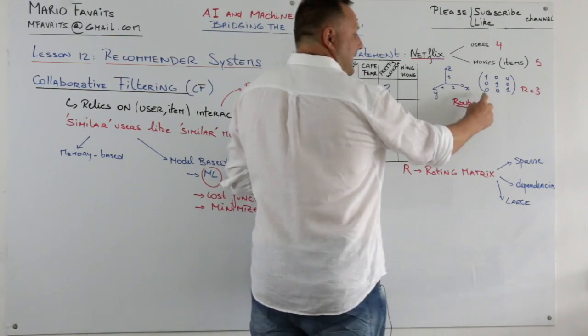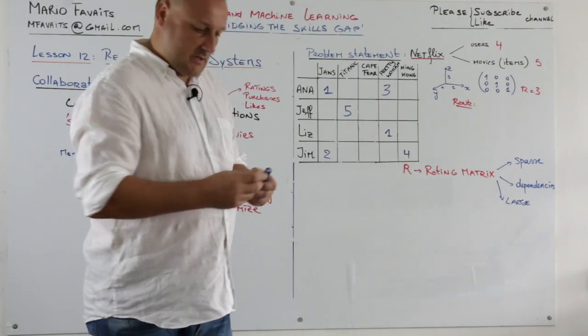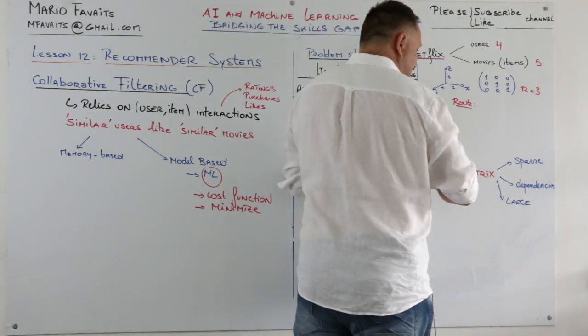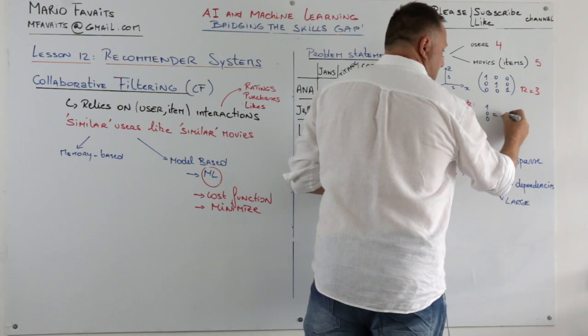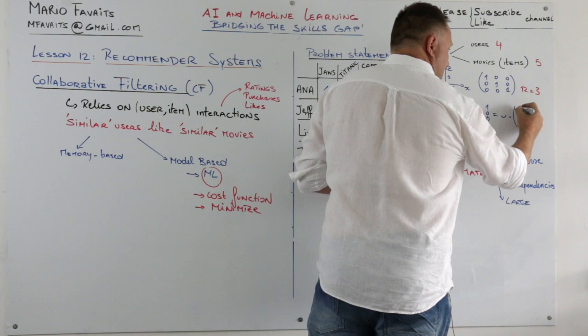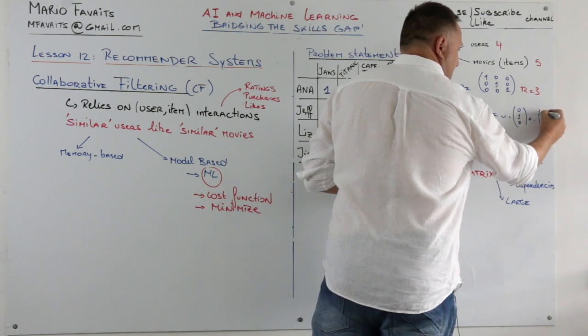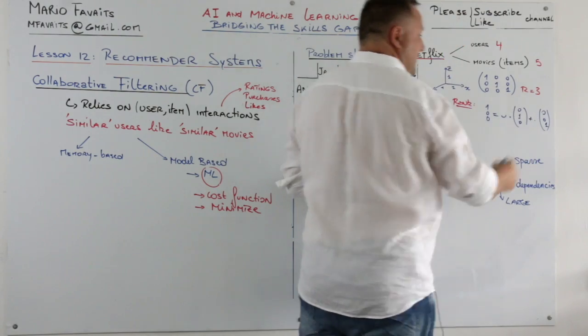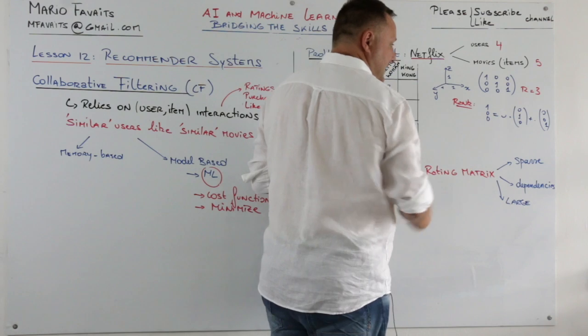Because I cannot write any of these columns as a linear combination of the others. There's no way I can write 1, 0, 0 as something times 0, 1, 0 plus something times 0, 0, 1. You can never do that. So that means the rank is 3.